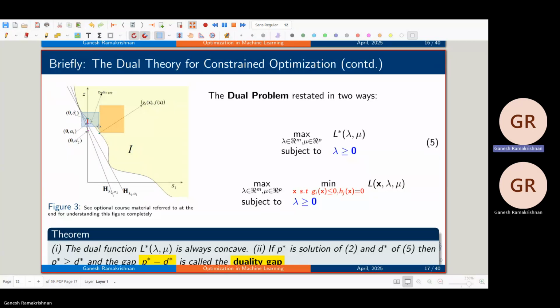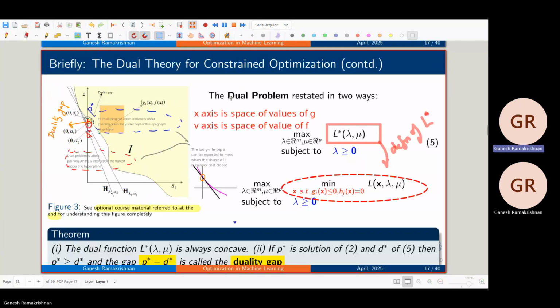Okay. So what I'll do is I'll also present a slightly annotated version of the same plot. What you see, these curves are the D stars, the intercepts of the L star are the D stars. We'll give it a name. The solution to the primal will be called P star, and the dual solution is D star. So P star is greater than or equal to D star.